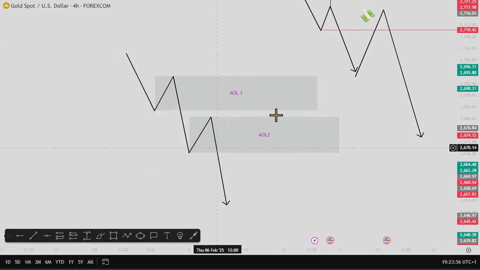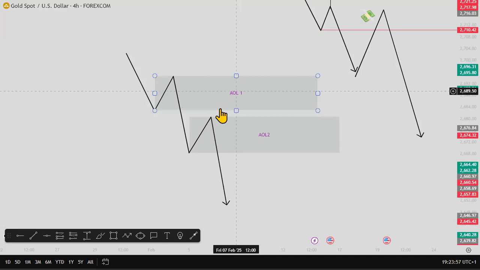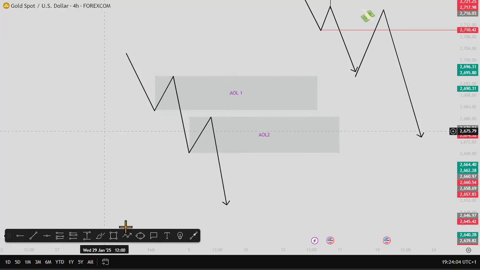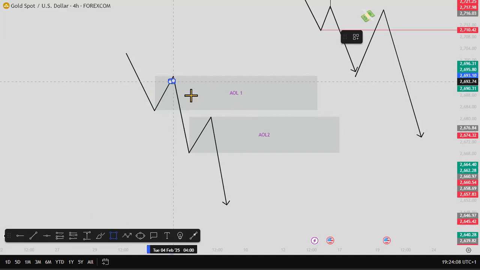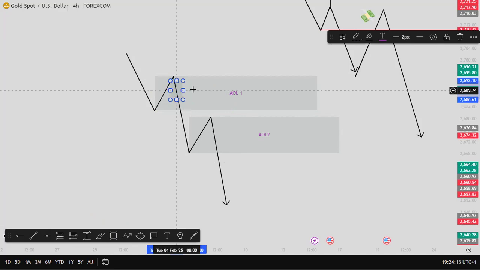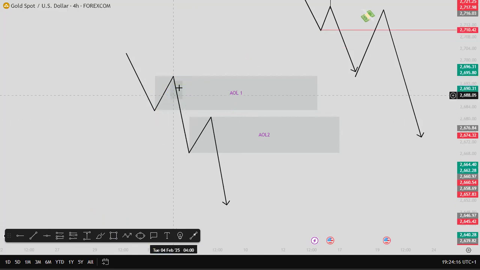So how do I identify whether this is consumed or not, whether this is fresh or not fresh? Let's say there is a reference point. Let's say there is an order block right here or a key level right here. I simply check if this key level is not touched or it's still fresh.